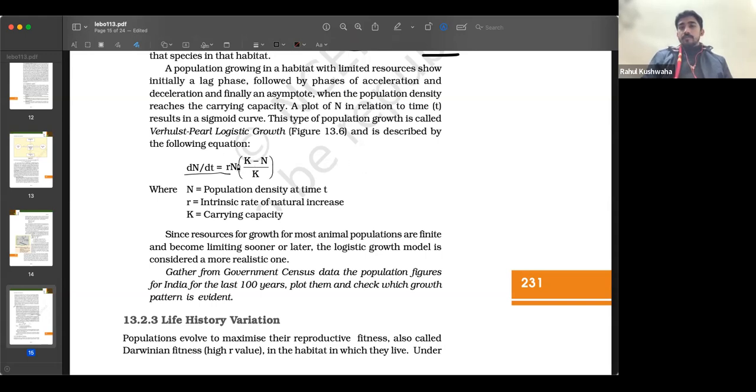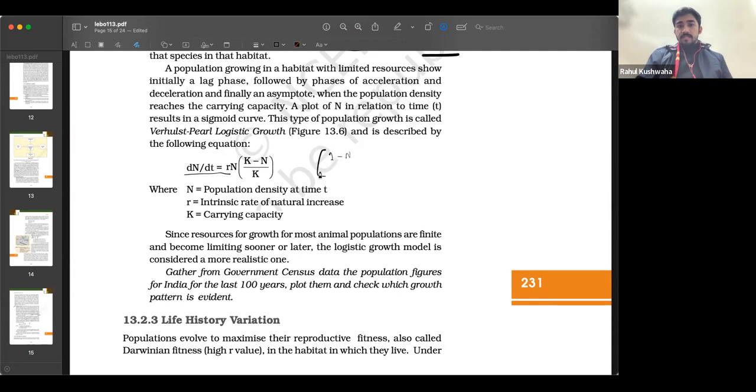So write down dN/dt = rN, and in the bracket we take (1 - N/K).